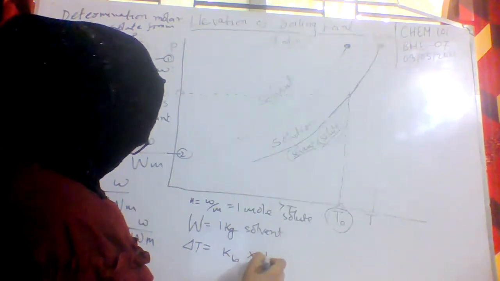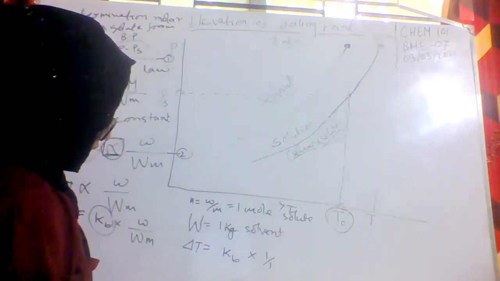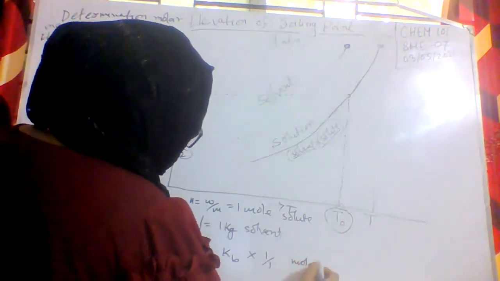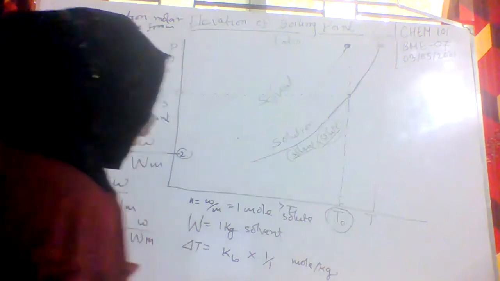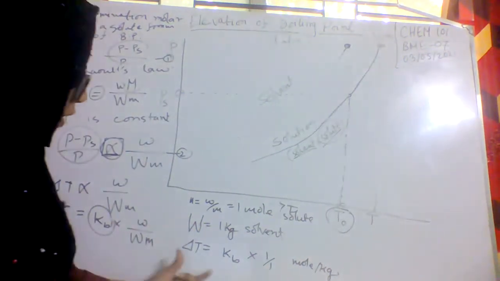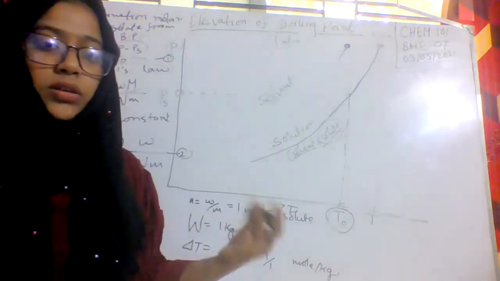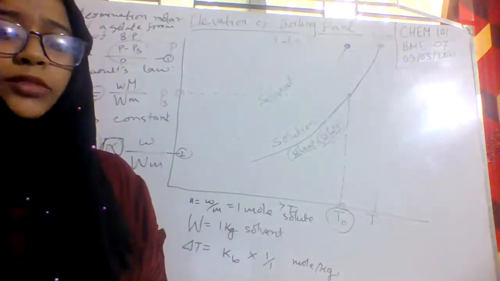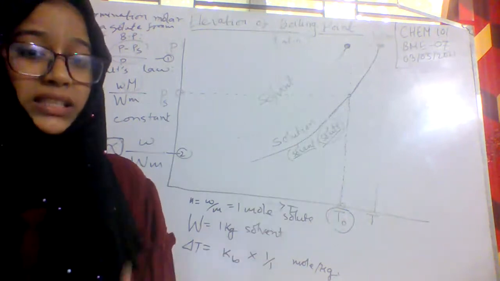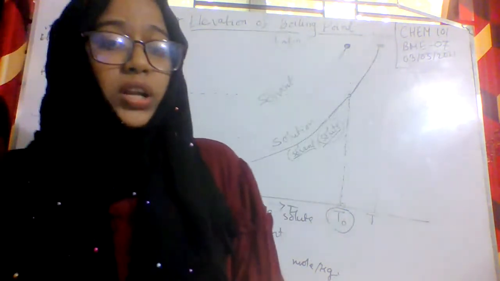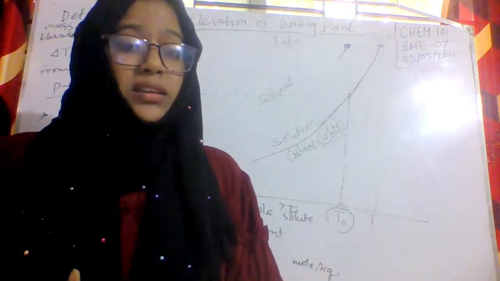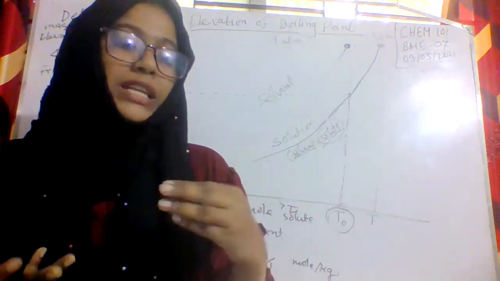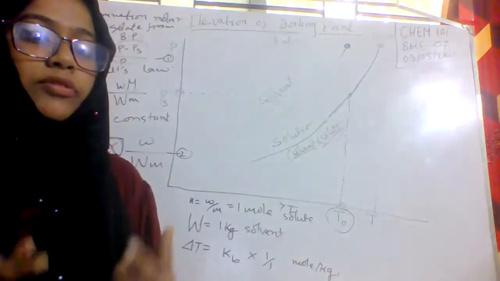This part is 1 by 1, right? Mole per kg. So whenever we have 1 mole of solute dissolved in 1 kg of solvent, then the boiling point elevation will be the molar elevation constant value.